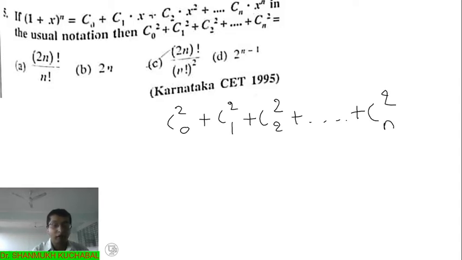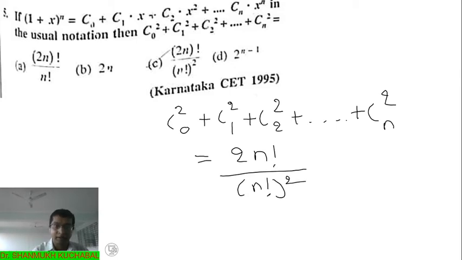This is one of the standard formulas. It is given by the expression (2n)! divided by (n!) whole square. Therefore option C, (2n)! divided by (n!)^2, is the right answer.